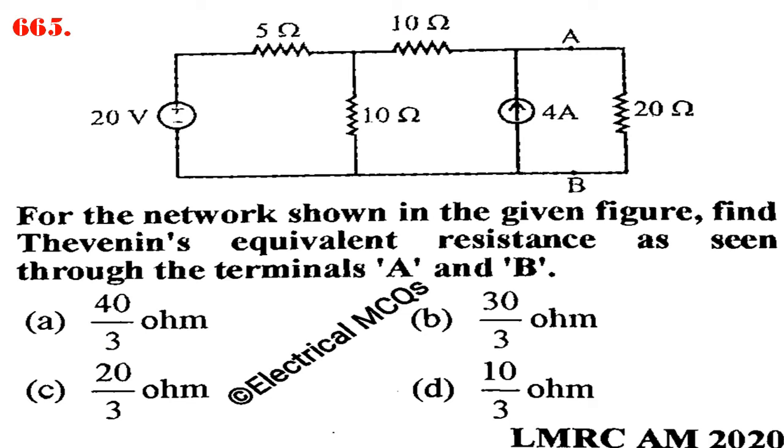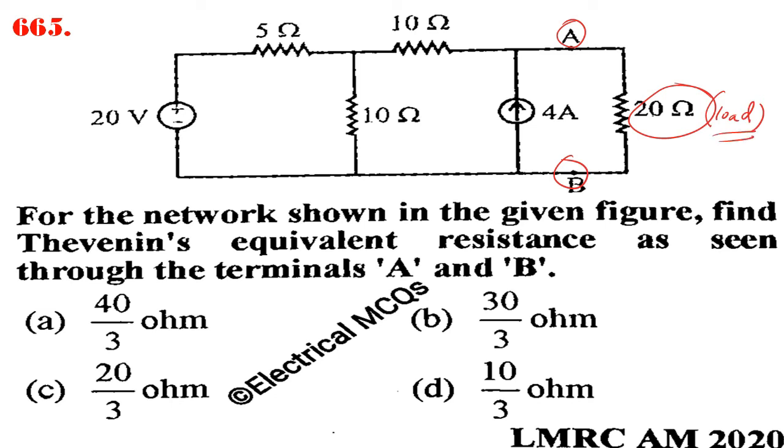So what is the question here? For the network shown in the figure, find the Thevenin's equivalent resistance as seen through the terminals A and B. That means we have to remove this 20 ohm resistance, that is our load resistance.